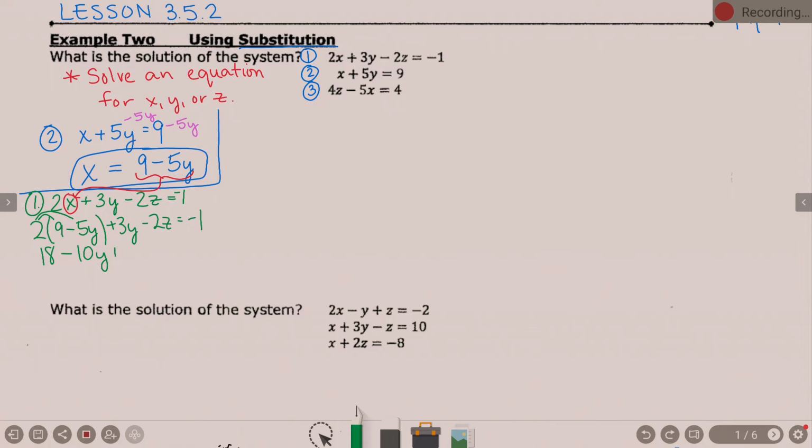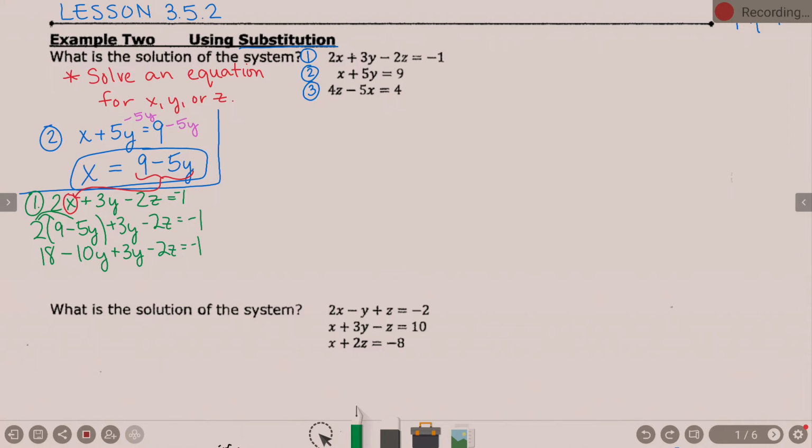We still have plus 3y minus 2z equals negative 1. The form we need to go for, or at least my recommendation, is to have the variables on one side, constants on the other side.